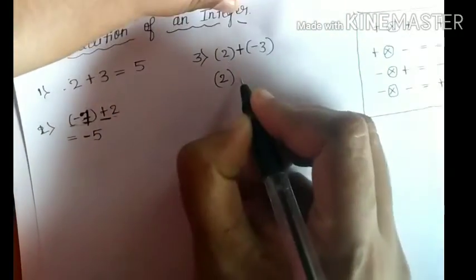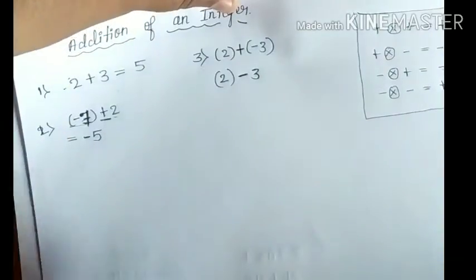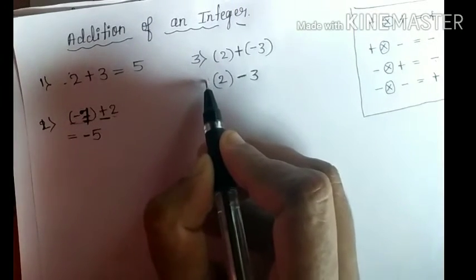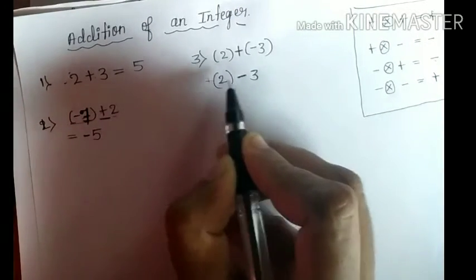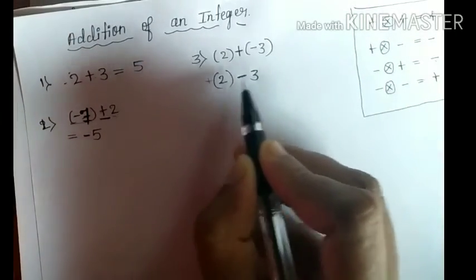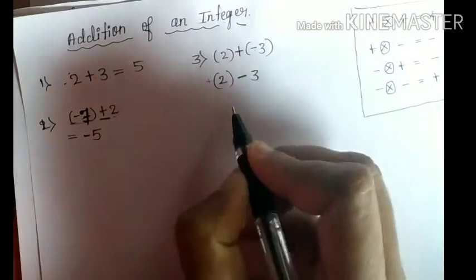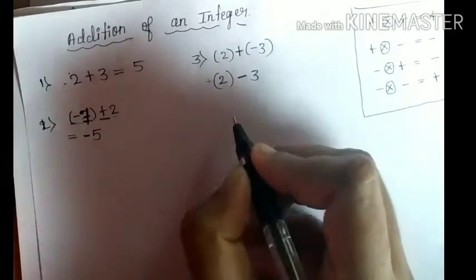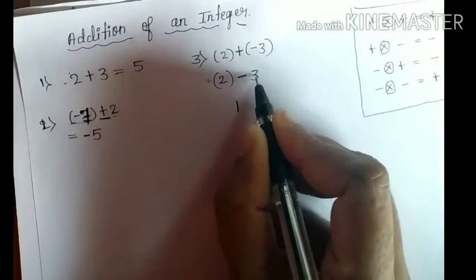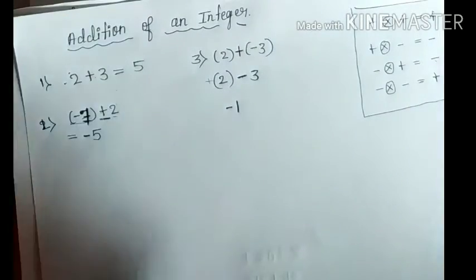Plus minus is minus. -3 we have to write here. 2 minus 3. Here 2 means plus sign is there. Plus minus is minus. But what you have to do? You subtract these two numbers. 2 minus 3 or 3 minus 2, what is coming? 1 is coming. So the greatest number having which sign? Minus sign. You have to put minus here.